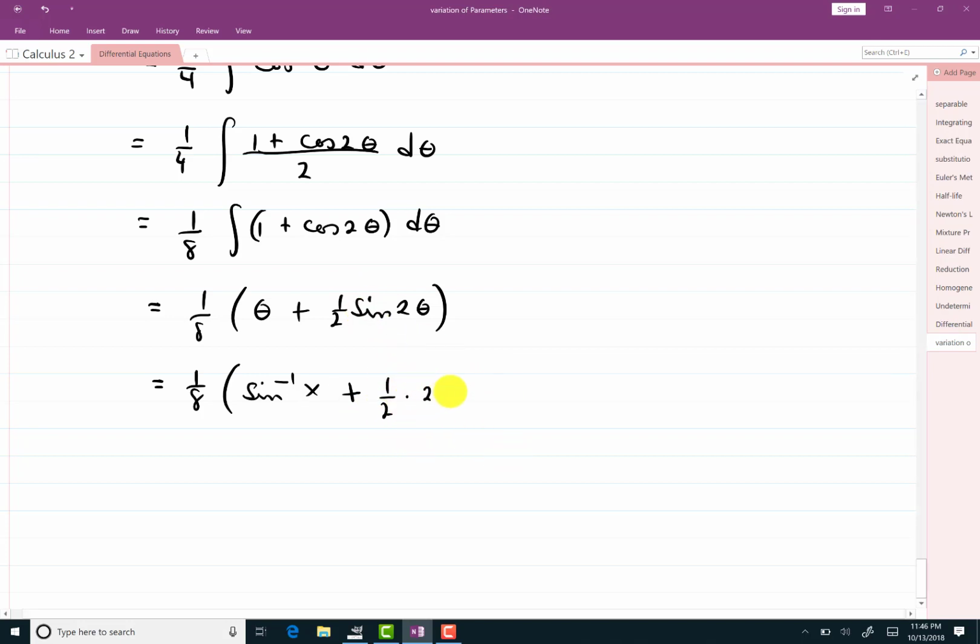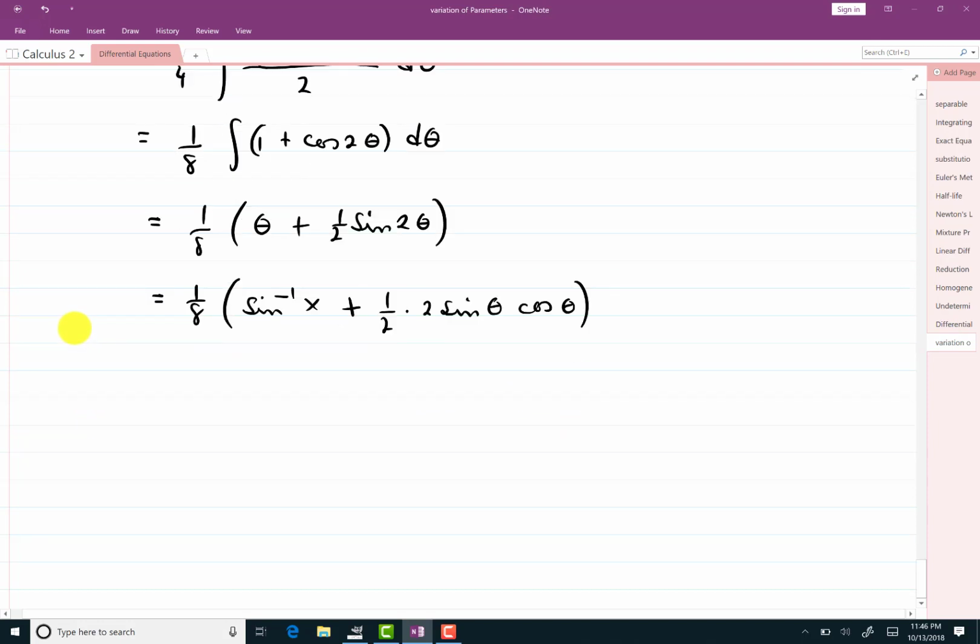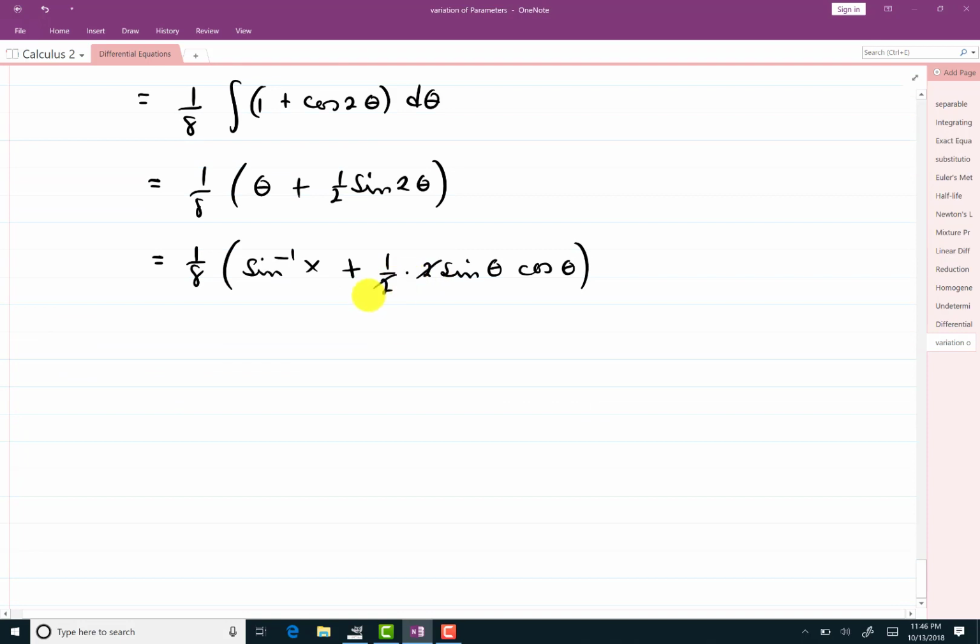Now for this part here, I'm going to let you recall that sine of 2 theta is equal to 2 sine of theta times cosine of theta. That way those two cancel. Sine of theta we already know is equal to x. Cosine of theta, if you do this little game, you probably have seen it before. This is a right triangle. Sine of theta was equal to x, and sine of theta is opposite over hypotenuse.